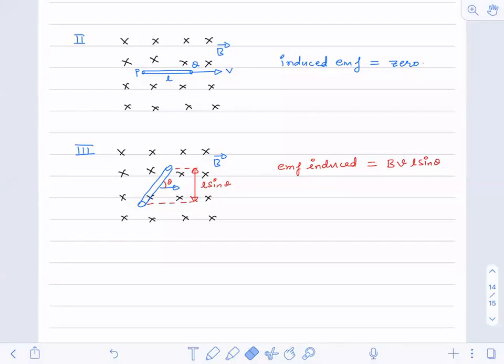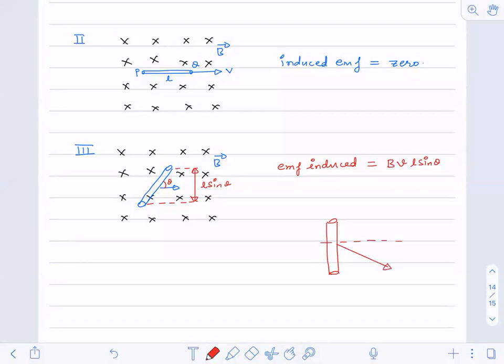Or it may be like this also. See here, if the rod is kept like this, now from horizontal, the velocity is in this direction.